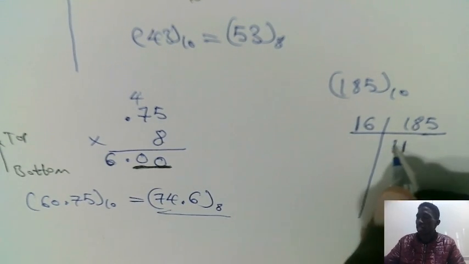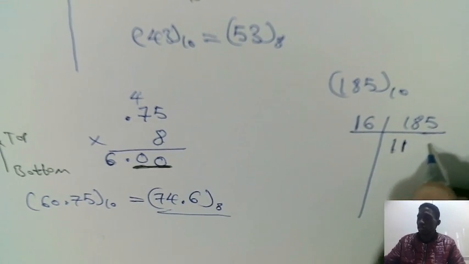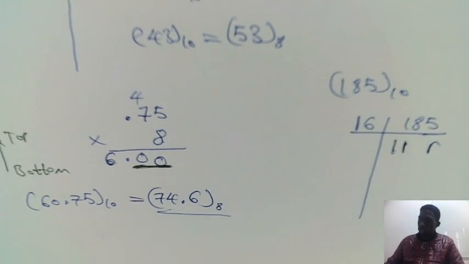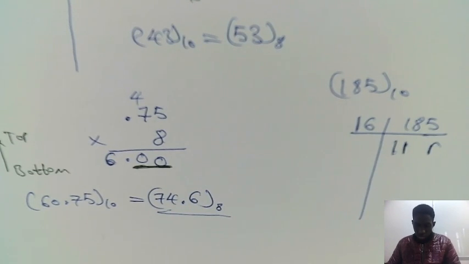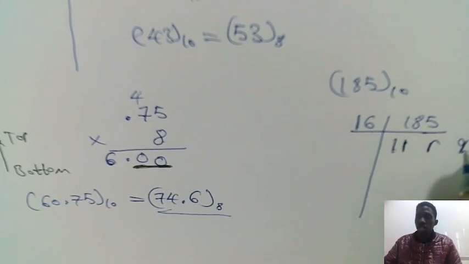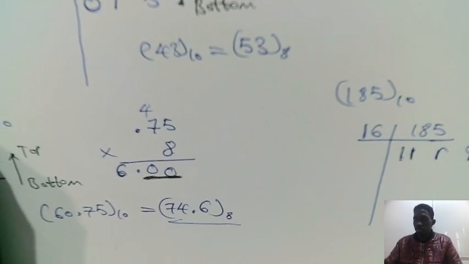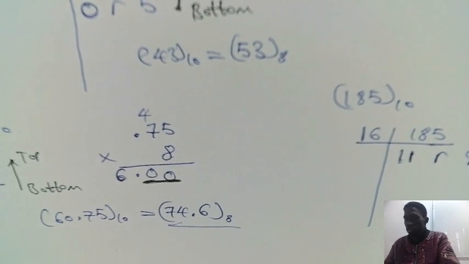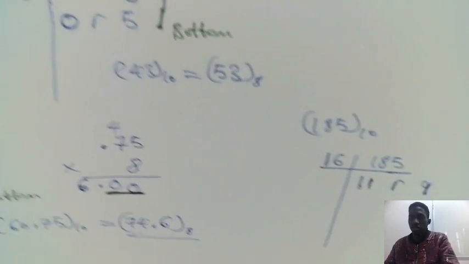That gives you the number there, 11. So what is the remainder? To get the remainder, all we need to do is punch in 185 minus 16 times 11. And you get 9. So 11 remainder 9.